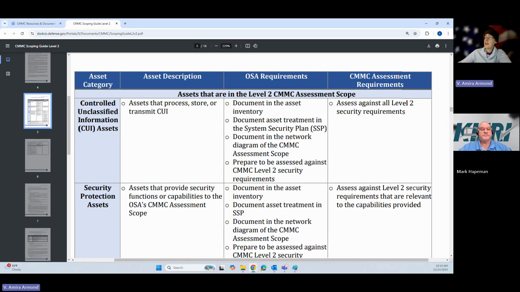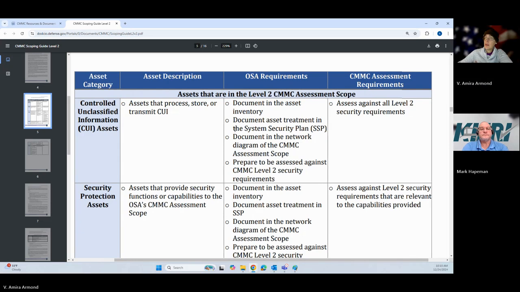It says, assess against all level 2 security requirements for CUI assets. So if you have an asset that processes, stores, or transmits CUI, then the assessors are supposed to verify that all of the security requirements are performed for that type of asset, as applicable.